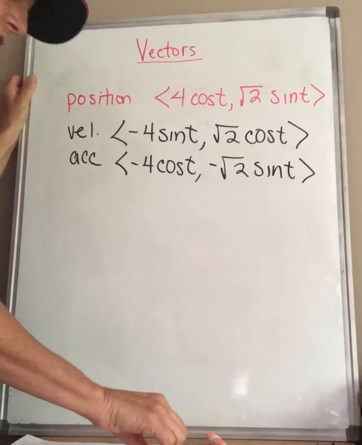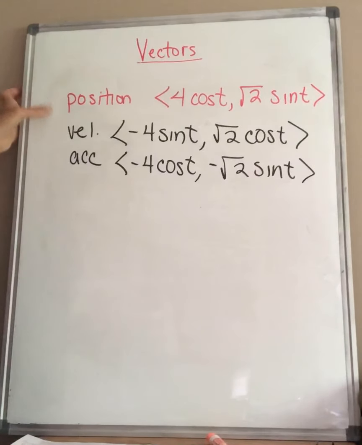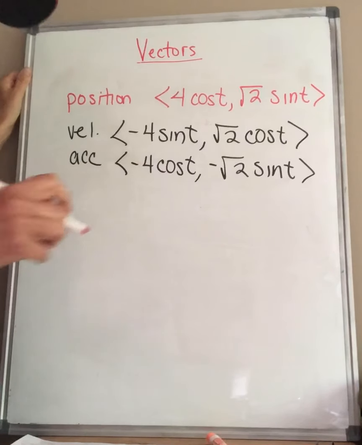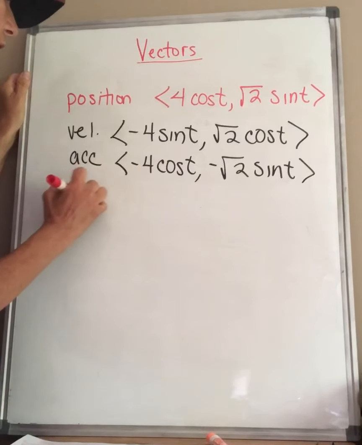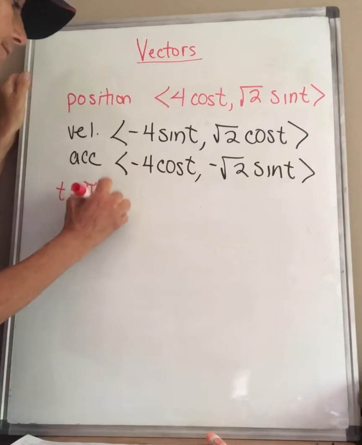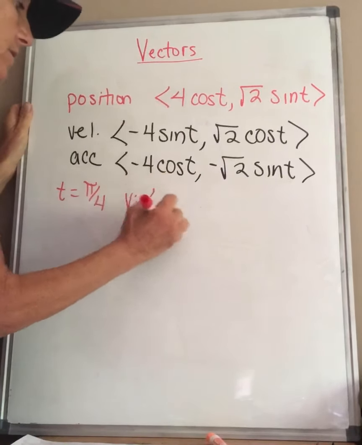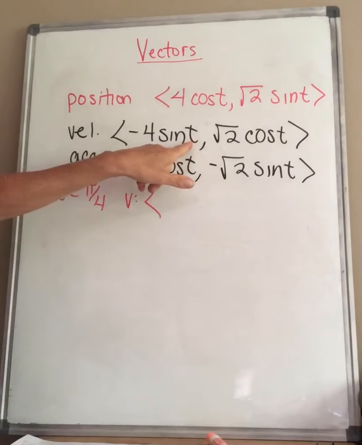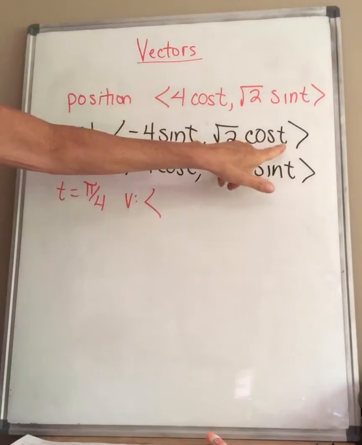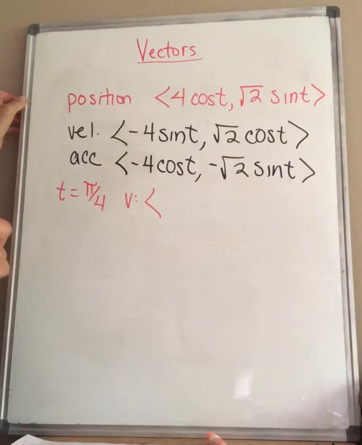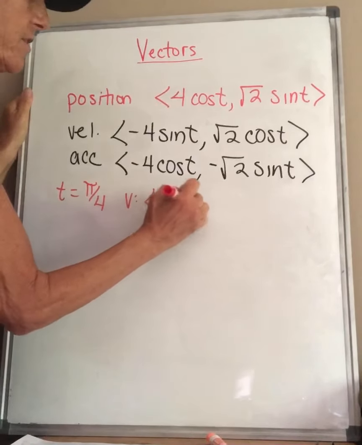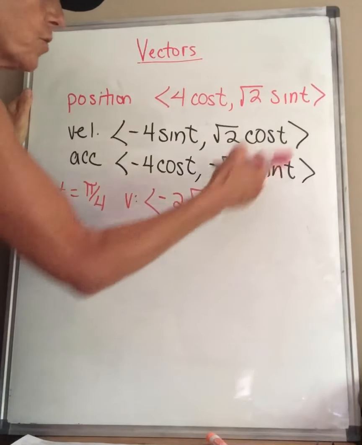The next thing I'm going to do is ask you to evaluate the velocity vector and the acceleration vector both when time is equal to pi over 4. So your velocity vector at t equals pi over 4: we put a pi over 4 in place of t. You have negative 4 sine of pi over 4, which is negative 2 radical 2.